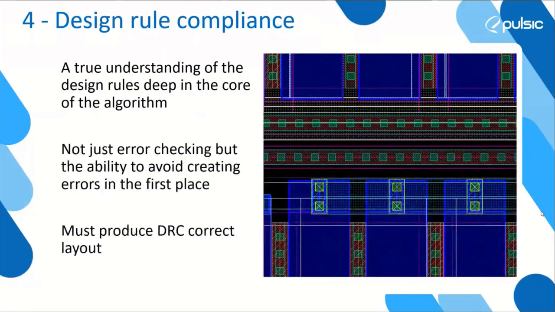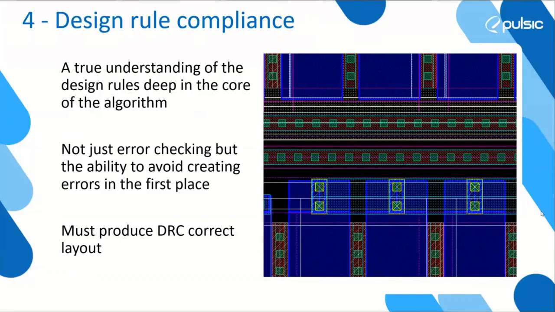The next thing on our 6 things, so this is the 4th thing, was a true understanding of DRC. So not just the ability to check. There are lots of DRC checking tools, but the ability to not create DRC errors in the first place, and that really at an analog level, where you're dealing with these base layers, the diffusion and well shapes and active layers and poly, is a really complicated problem.